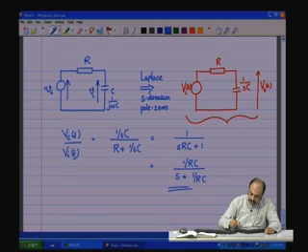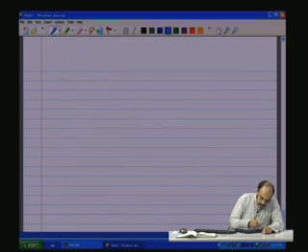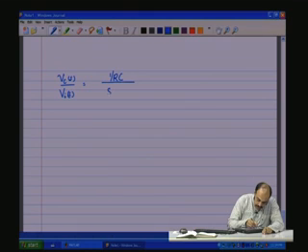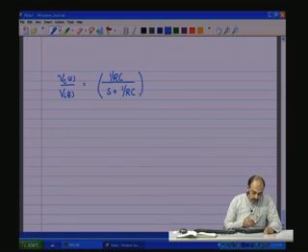What does this mean, or what does this imply? So, we have V C as a function of S divided by V I as a function of S, which is equal to 1 by R C divided by S plus 1 by R C. This is the transfer function between the input and the output, that is, the transfer function of the output variable divided by the input variable.